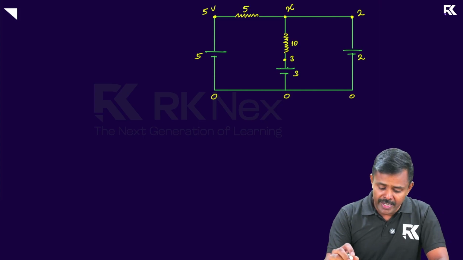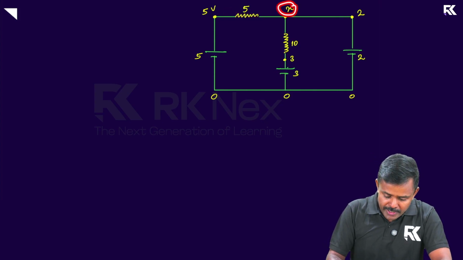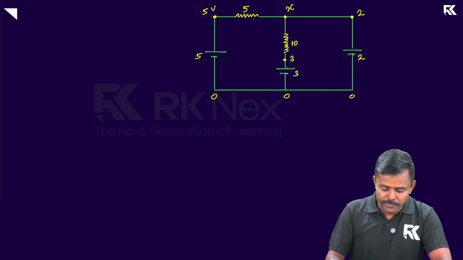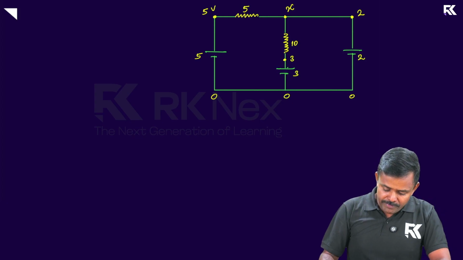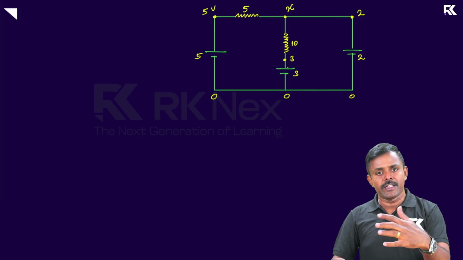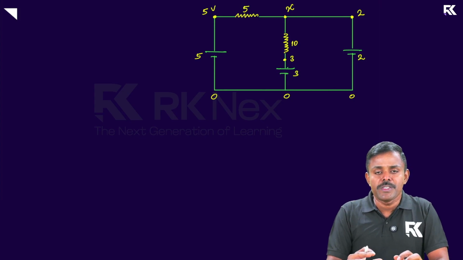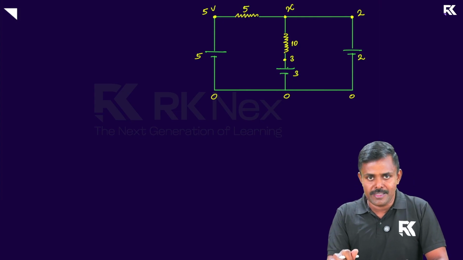Now I can find the current through this branch by taking the potential difference across it divided by the resistance of that component. In the same way I can find the current here, or if I have another resistance here, I can find the current there. This is how you use the zero potential method to solve questions in circuit analysis.